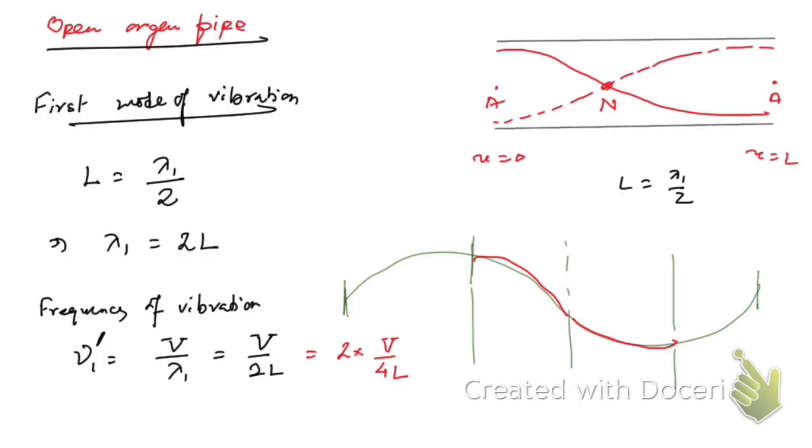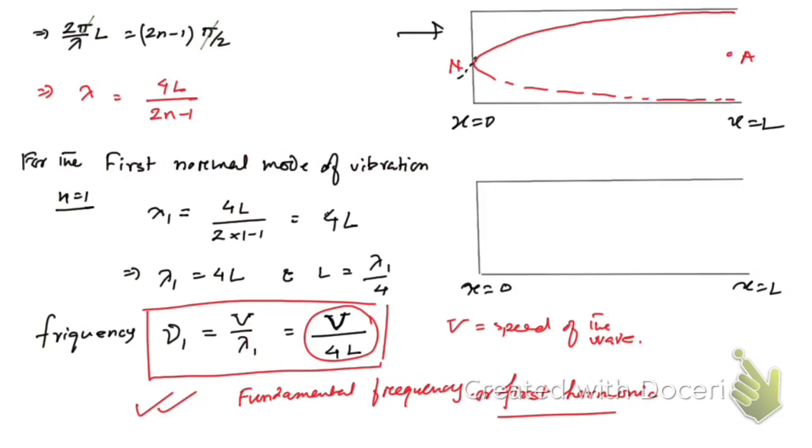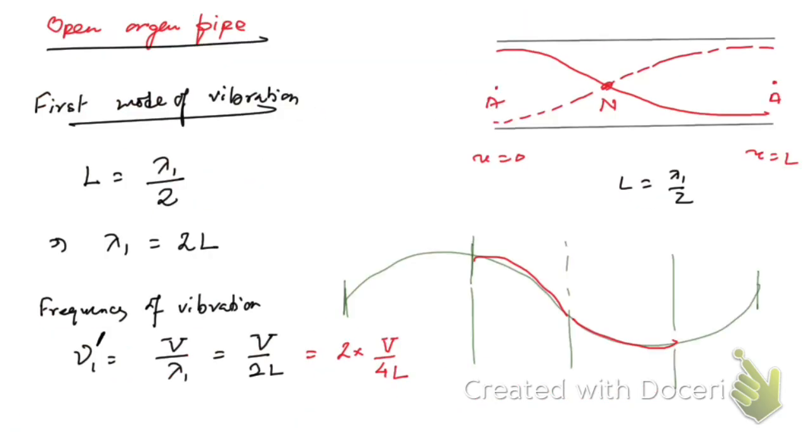If you remember, let me go back to the previous slide. Here you see the first fundamental frequency in case of a closed organ pipe was v by 4L, which is equal to nu 1, right? So now you see, in the closed pipe we got nu 1 equal to v by 4L.